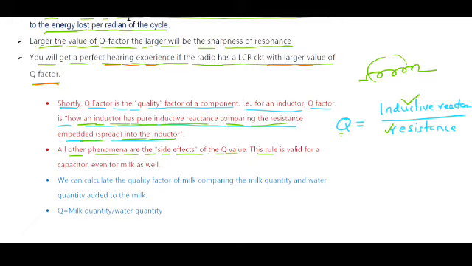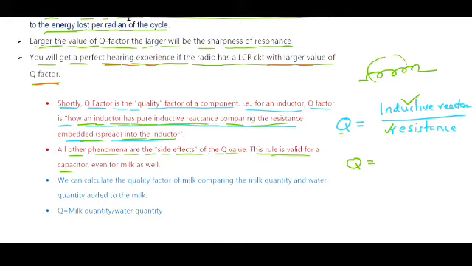In the same way, we can also define the Q value for the capacitor. The quality factor of the capacitor we can define like this: how a capacitor has a pure capacitive reactance compared to the resistance spread or embedded into the capacitor. This defines the quality of that component.